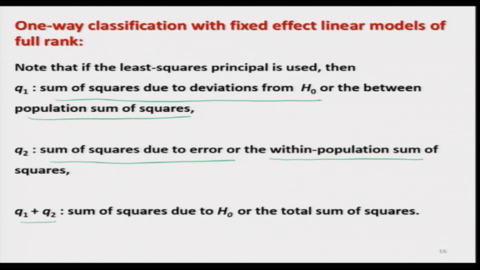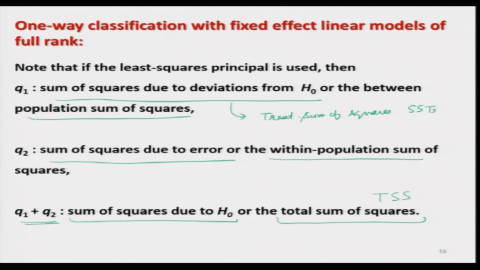And this q1 plus q2 is called the sum of squares due to isonot, or the total sum of squares, indicated by SST. You will see that q1 is also sometimes called the treatment sum of squares, indicated by SSTR, and q2 will be called the sum of squares due to error.